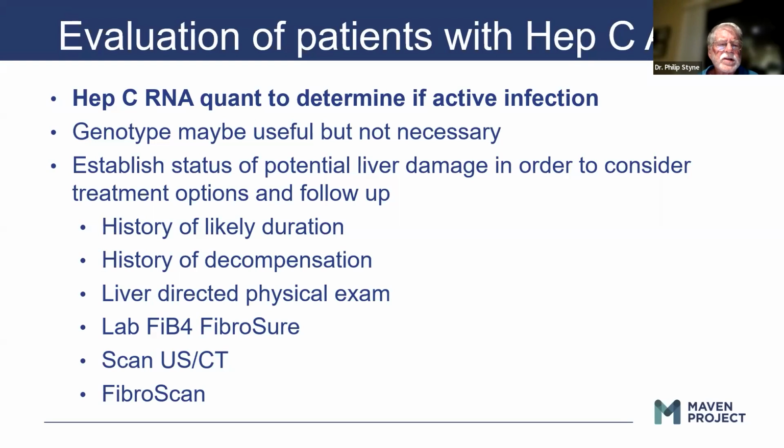And FibroScan is the thing we refer to as elastography, which is available in most hepatologist offices, some gastroenterologists, and probably fairly soon, even an endocrinologist's office, where we can determine fibrosis non-invasively, meaning without a liver biopsy. But mostly what we're looking for in these patients is, are they cirrhotic or not? Next slide, please.